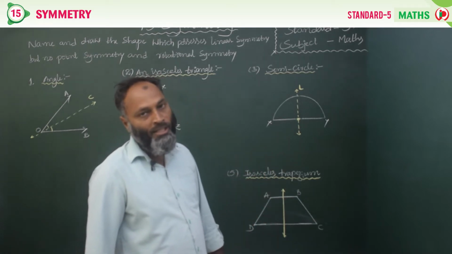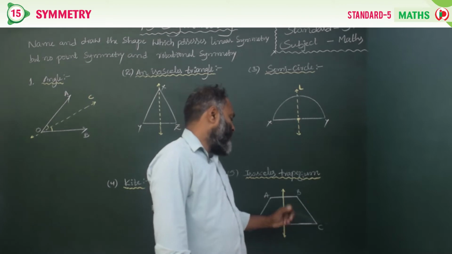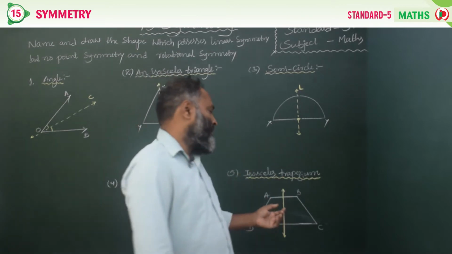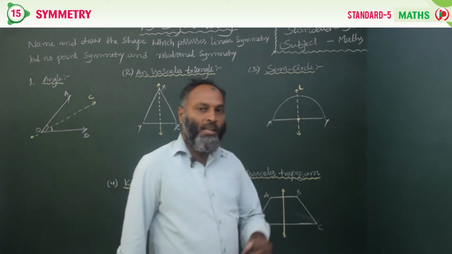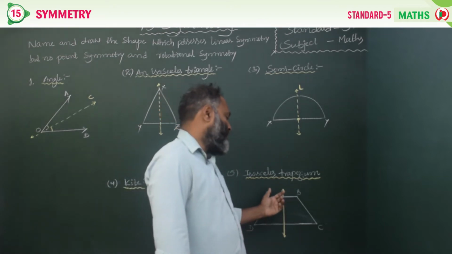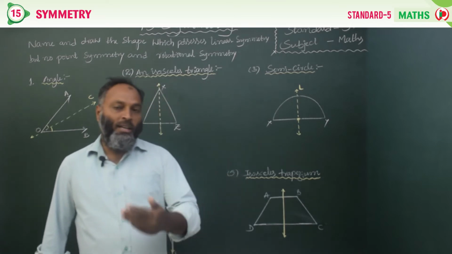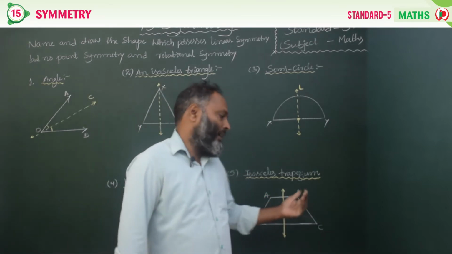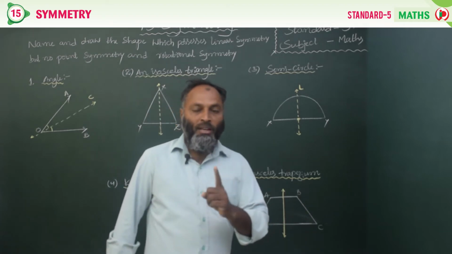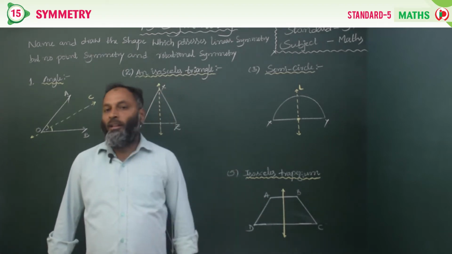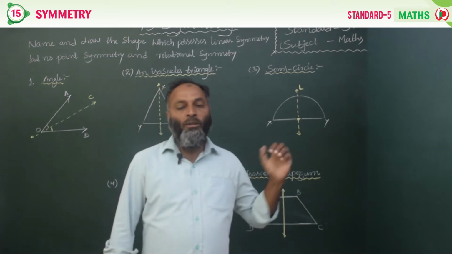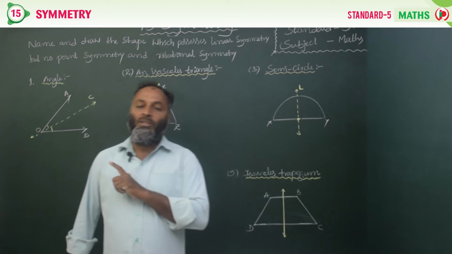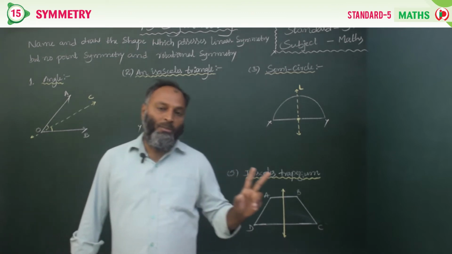So only the vertical line is a line of symmetry, and here we don't have a point of symmetry or rotational symmetry. In all these five geometrical shapes, we have one line of symmetry, no rotational symmetry and no point of symmetry.